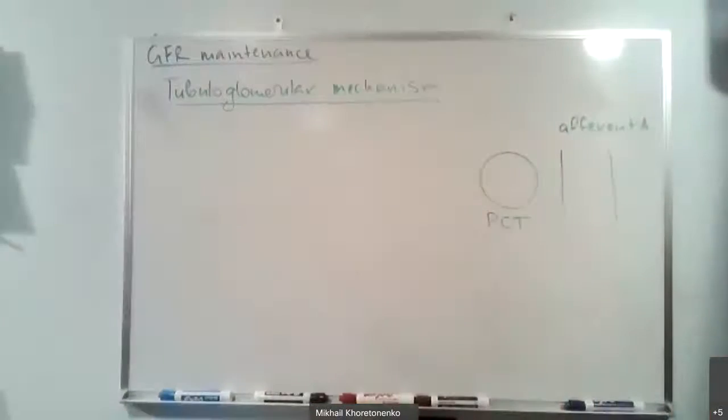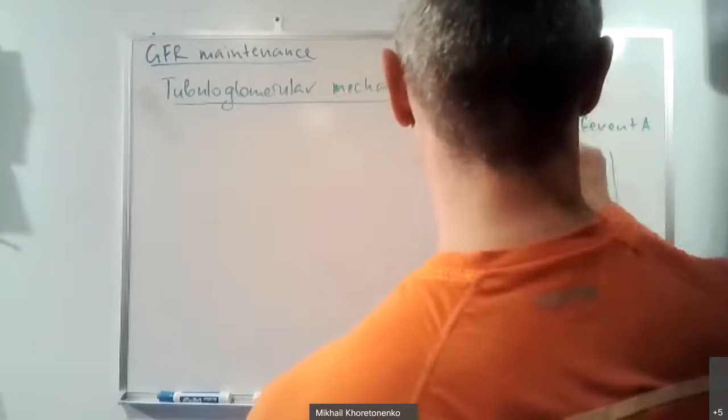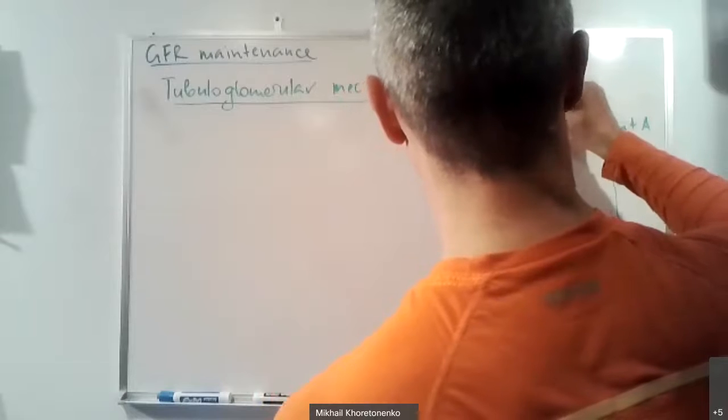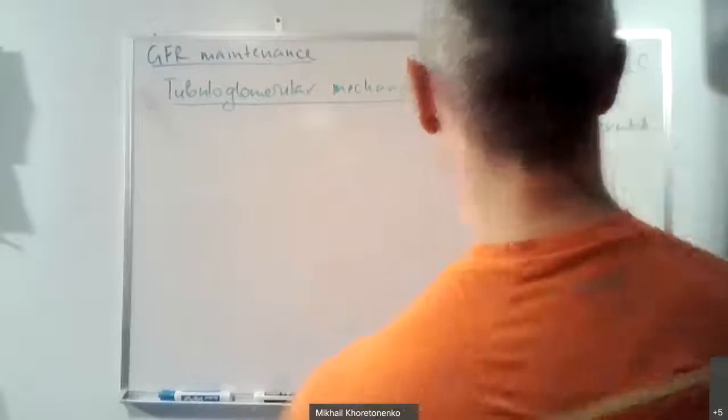It turns out that there are some cells there. Here in the tubule, we have so-called macula densa cells.